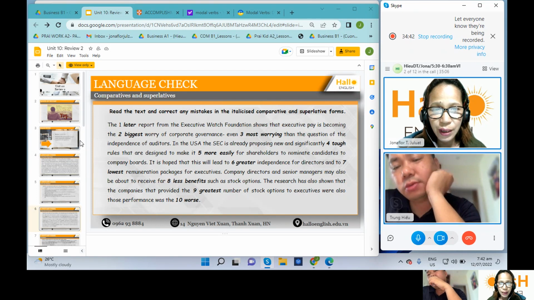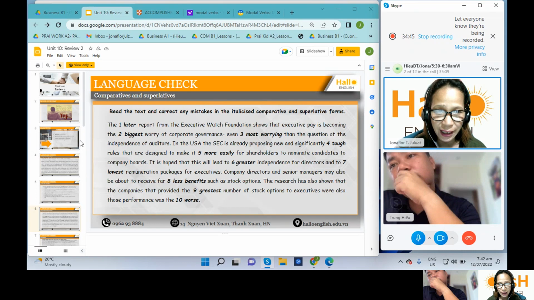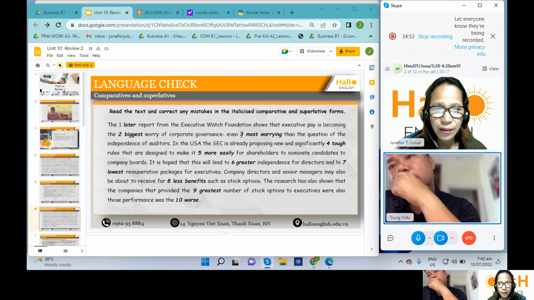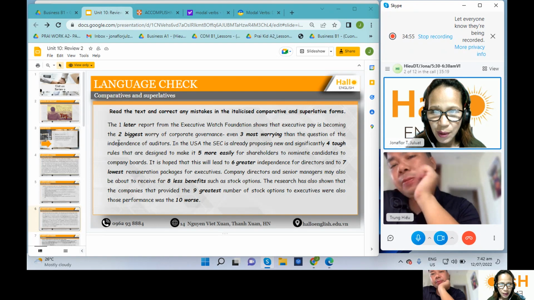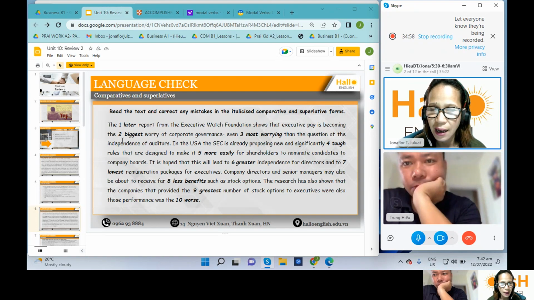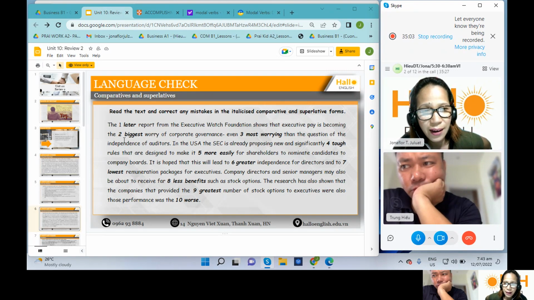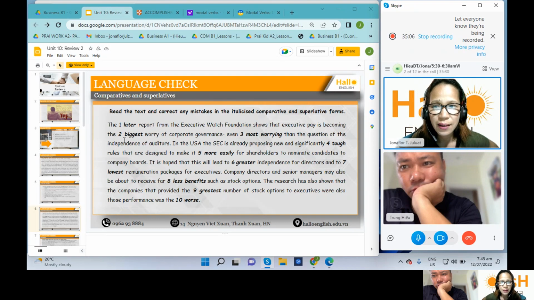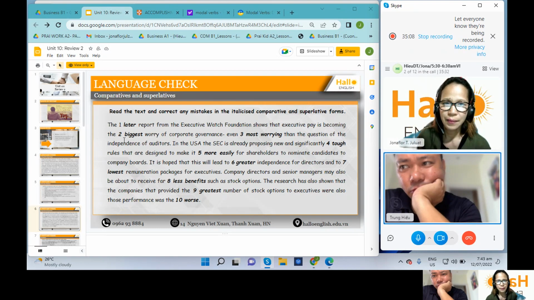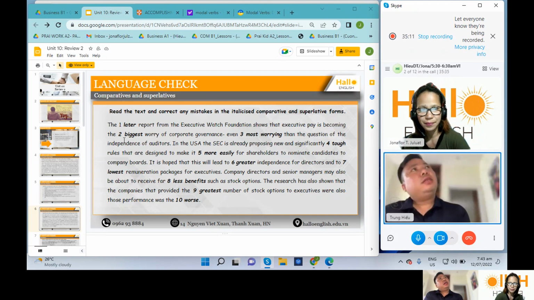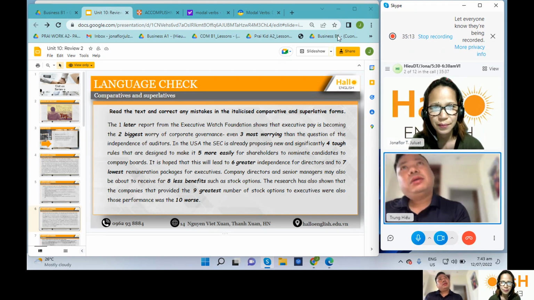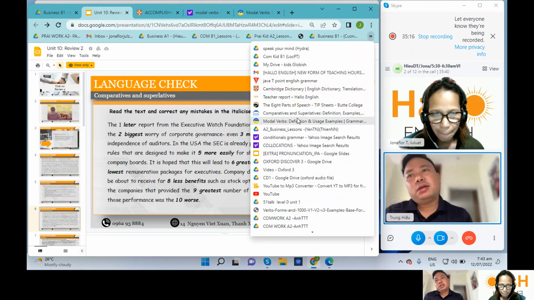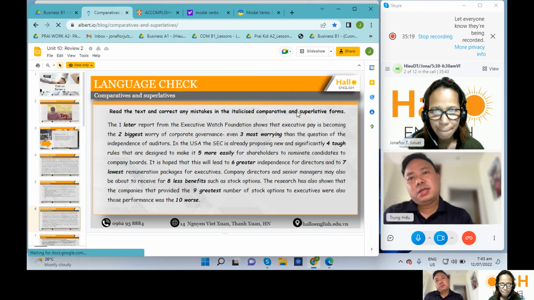No, I think number 3 is more worrying, because you are comparing, more. This is becoming the biggest. No, there is nothing wrong if you use bigger, becoming bigger than. I think I learned that when it has the, it is superlative.